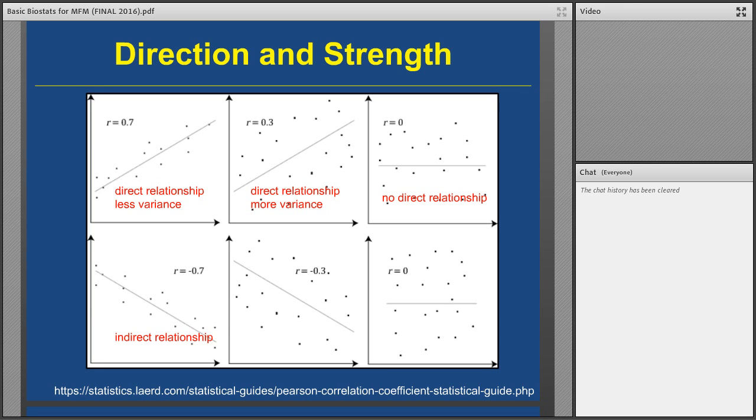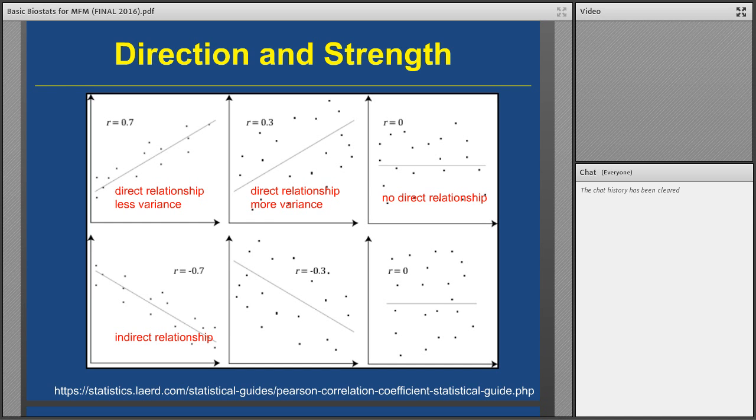So if we were to compare the R of 0.7 on the upper left to the lower left, an R of negative 0.7, there's a direct relationship on the upper left, and on the bottom left, there's an indirect relationship, and so that's what the negative would mean. They have the same variance, that's why the number is the same, 0.7, but they have a different direction of relationship.